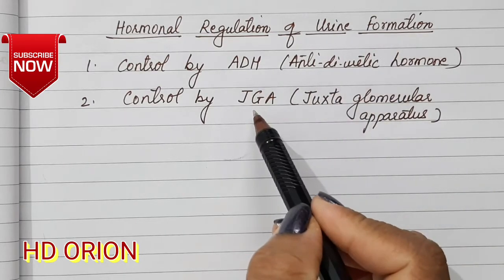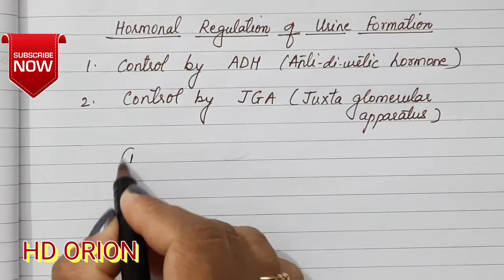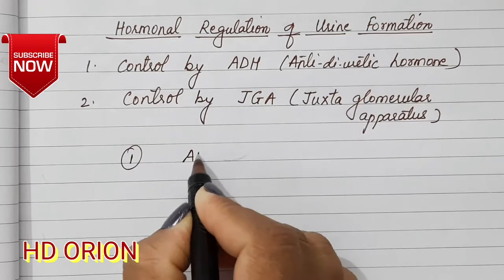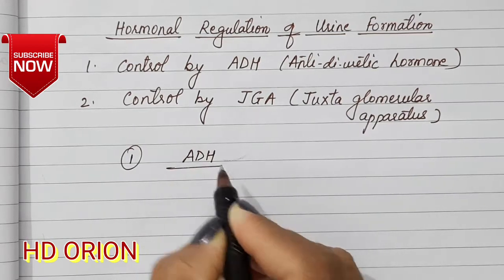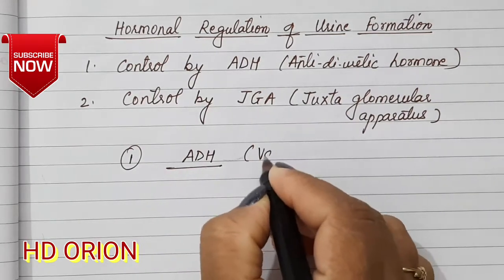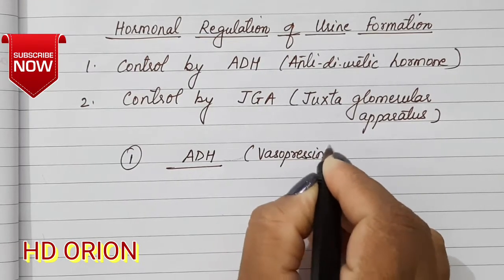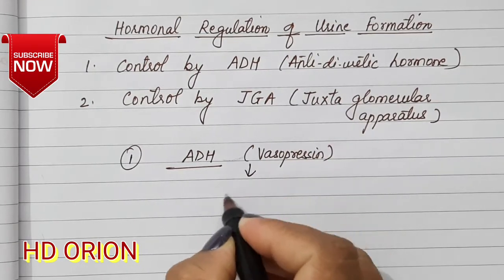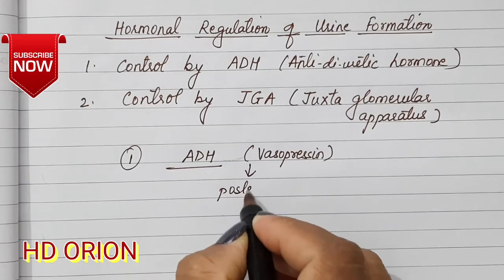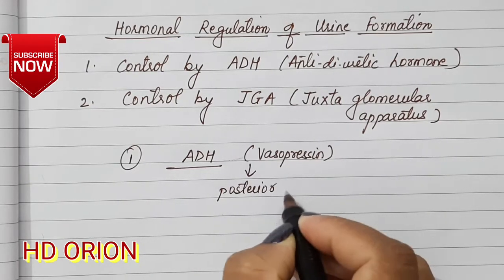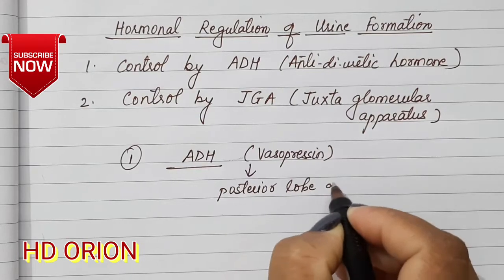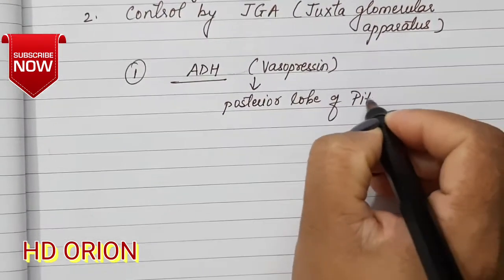We'll see them individually. First we are going to see the control by ADH. The ADH is also known as vasopressin, and this is secreted by the posterior lobe of pituitary.